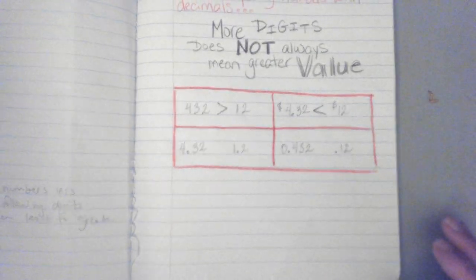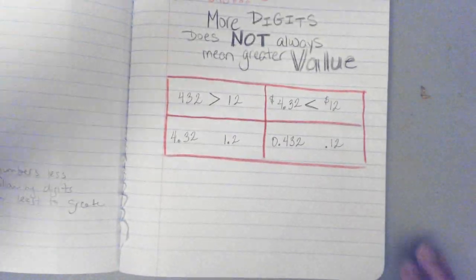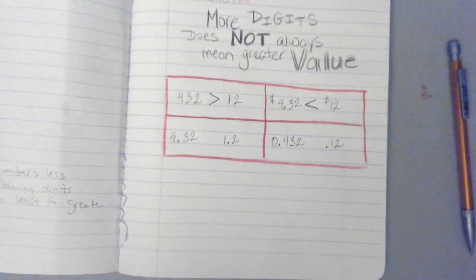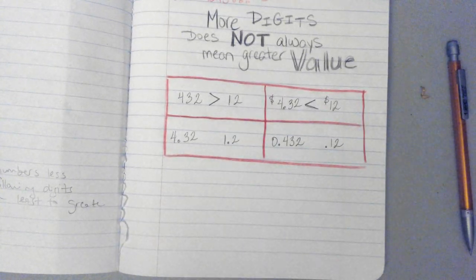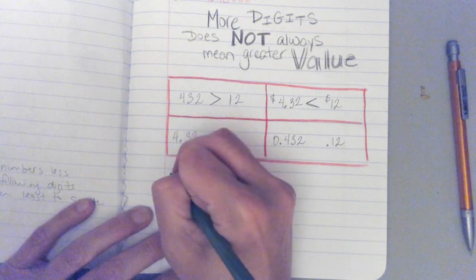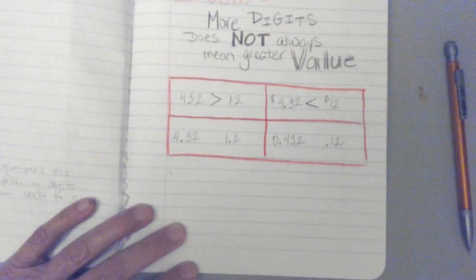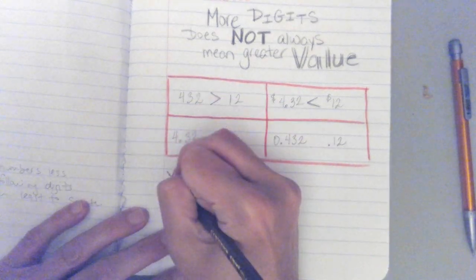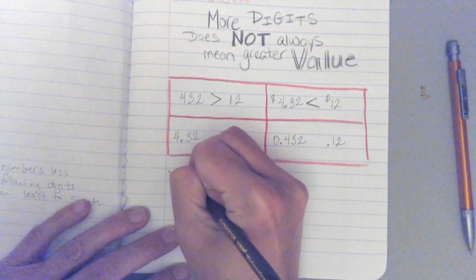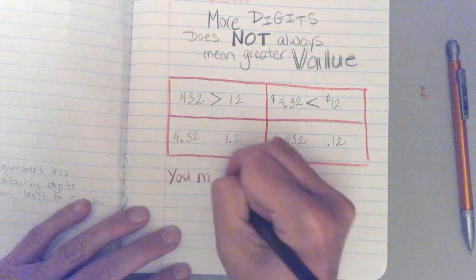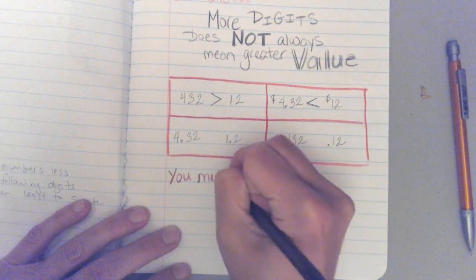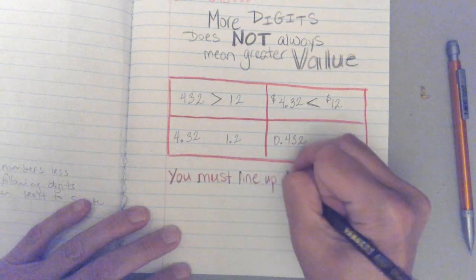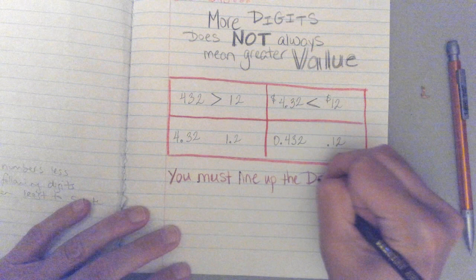So I'm going to look a little bit further down on the page. When you are comparing with place value, the very first thing you're going to have to do, okay, that green's not very dark. I'll find something darker. You must line up the decimal.